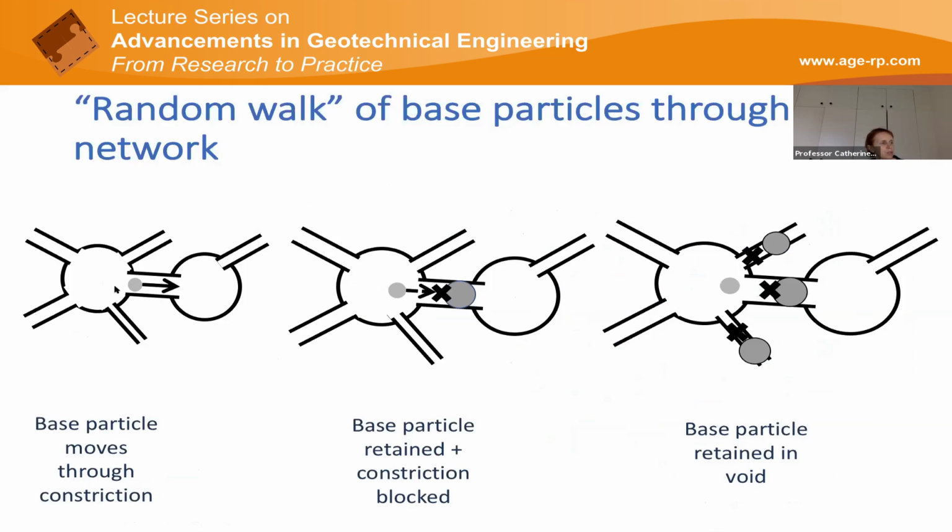When it tries to move, it's either going to move through because the particle is smaller than the edge, or it's going to be retained because it's bigger than the edge, and then that edge becomes blocked, and eventually it might be retained in the void if all the edges are blocked.